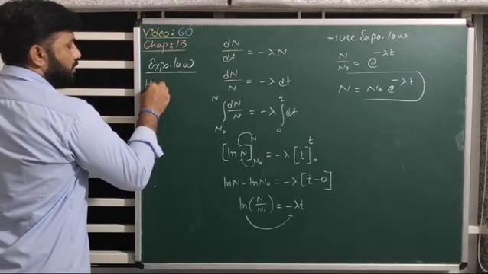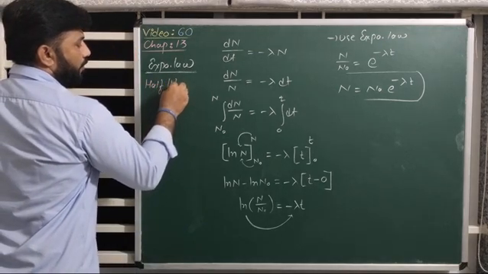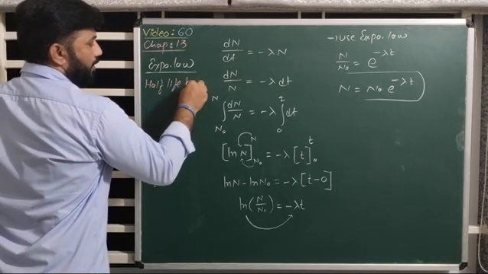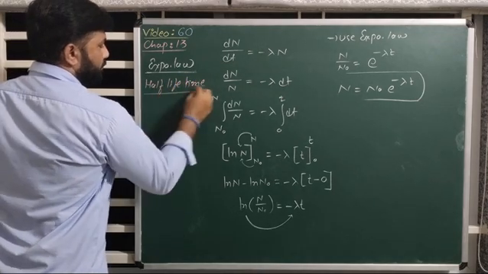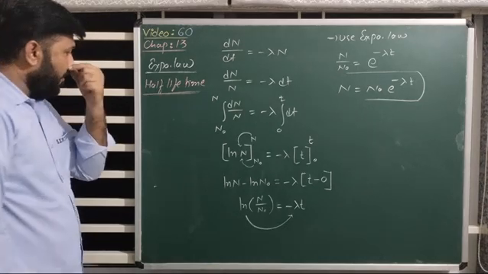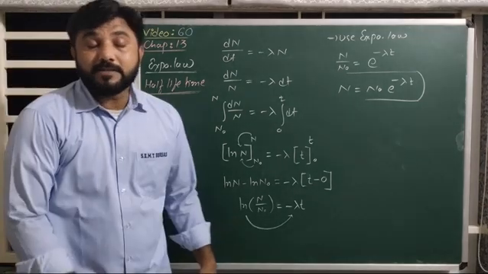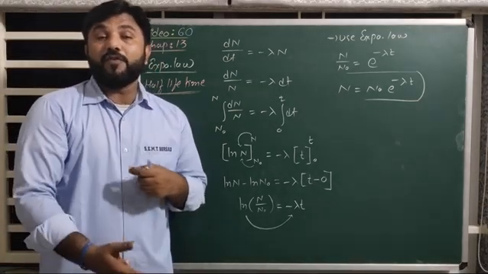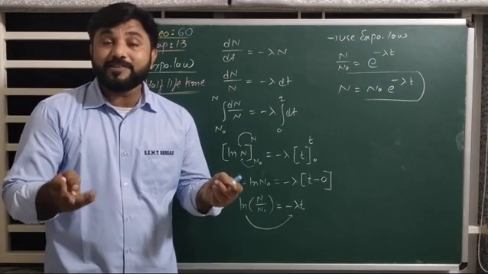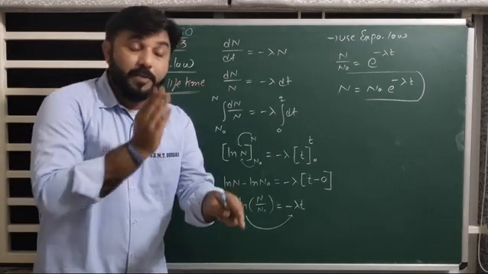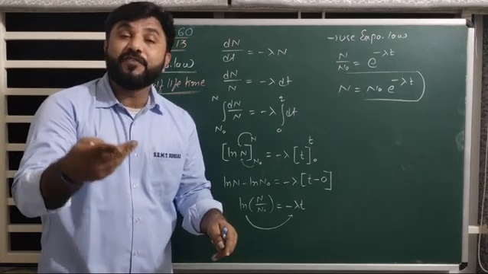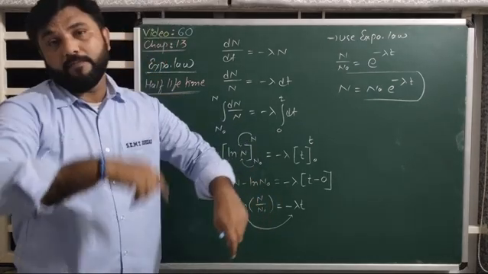First is half-lifetime. Got it? What is half-lifetime? It means if the number of nuclei is 100, it becomes half, which means 50. Check the time.